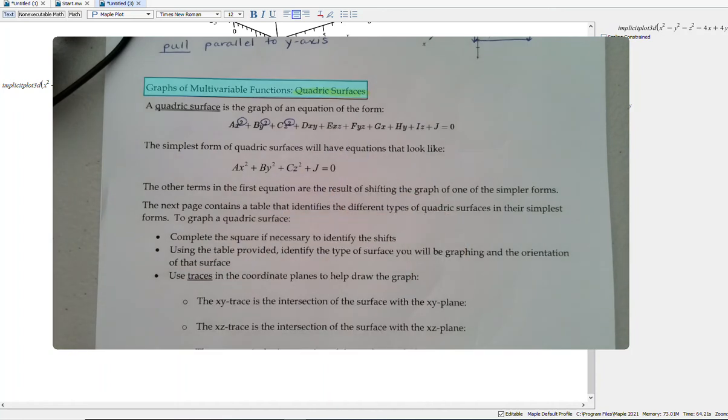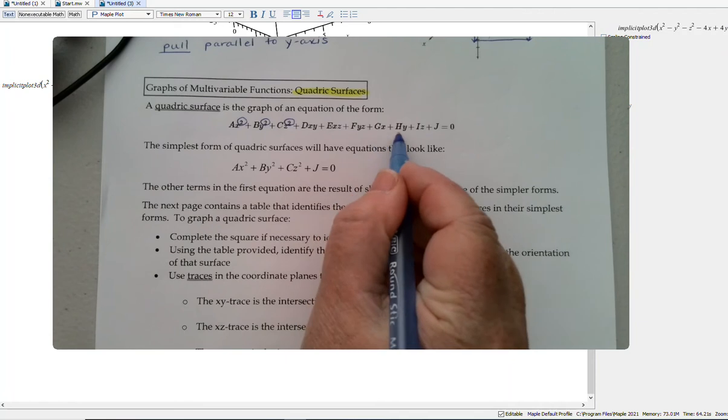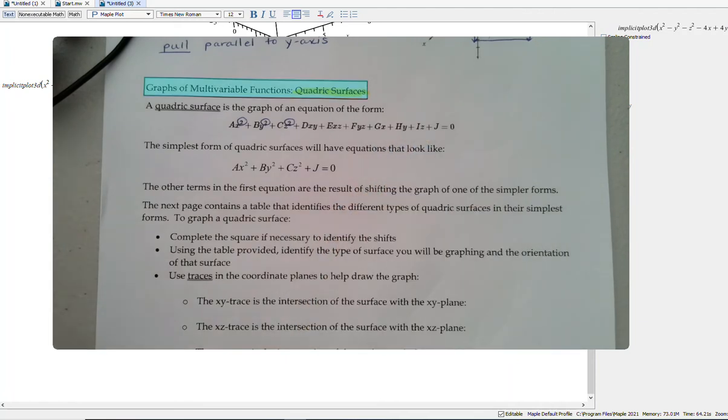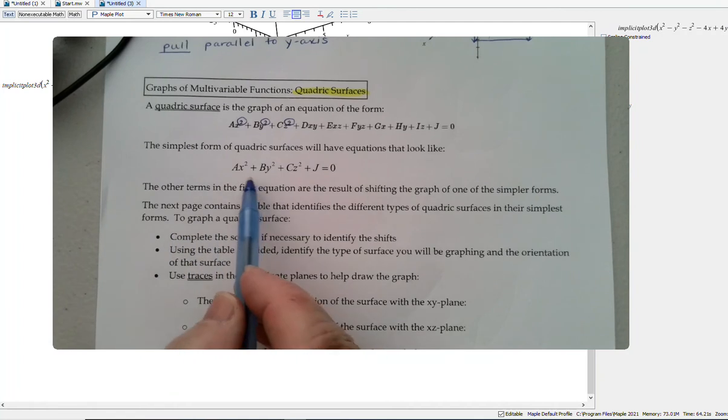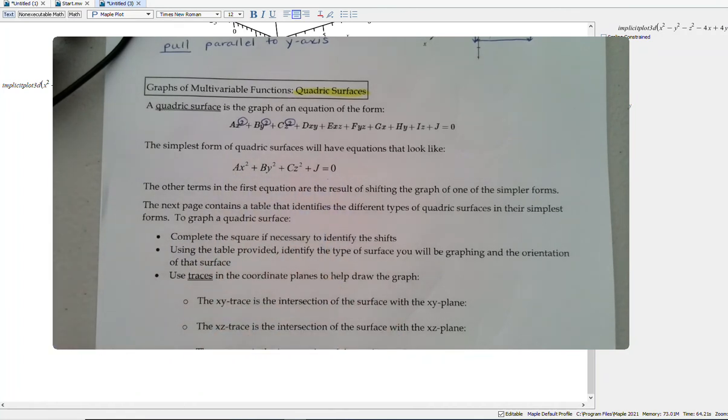Two first degree terms multiplied together would be second degree. They can also have first degree terms, that's fine, constant term. But ultimately, the highest degree of each term can't be any more than 2. The simplest form would just look like this, and we're going to look at these first, and then we'll also look a little bit at shifts of that form.